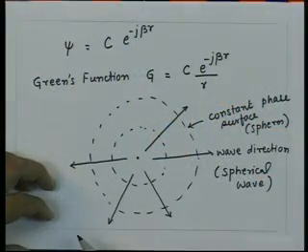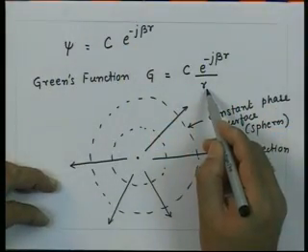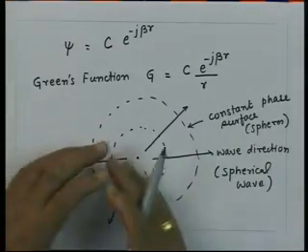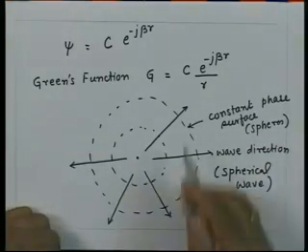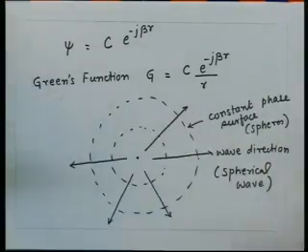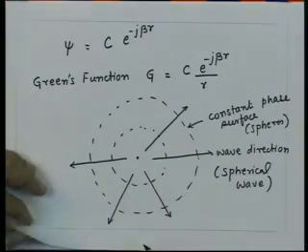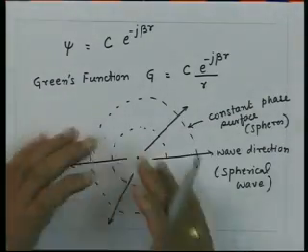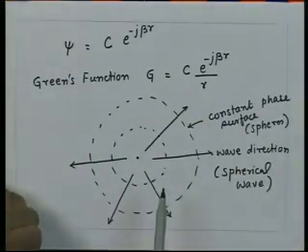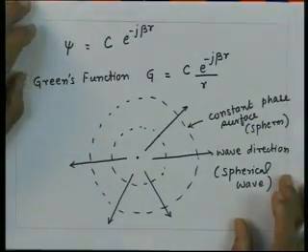However, for a spherical wave, the phase fronts are spheres and the amplitude reduces as 1 over r. So as we go farther and farther, the amplitude will become smaller and smaller for this wave. Later on, we will try to calculate the power which is coming out with this wave, and at that time the implication of this will become a little more clear.